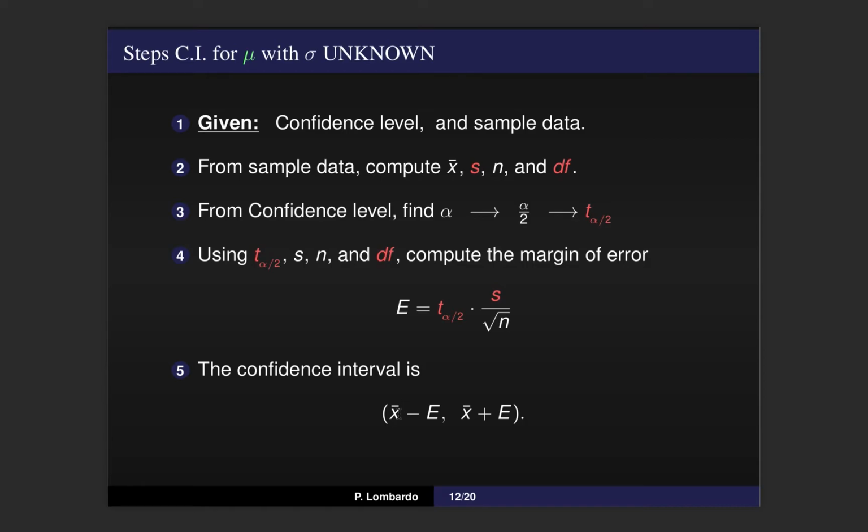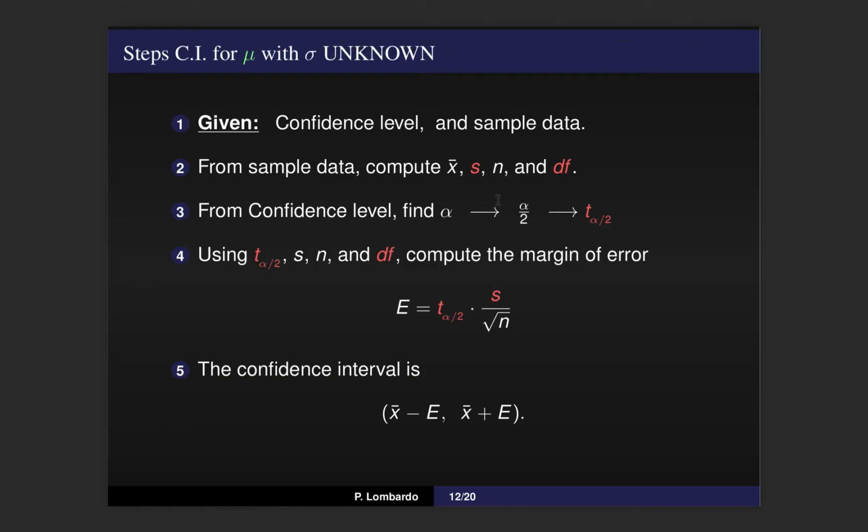X bar is still our best guess for where the population mean is, right? The samples should reflect what's going on in the population. However, we increase our likelihood of capturing that population mean by widening it. We move our margin of error to the left and our margin of error to the right, and in between those two values, we are a certain amount confident, right, our confidence level, that our population mean is captured inside of that confidence interval.